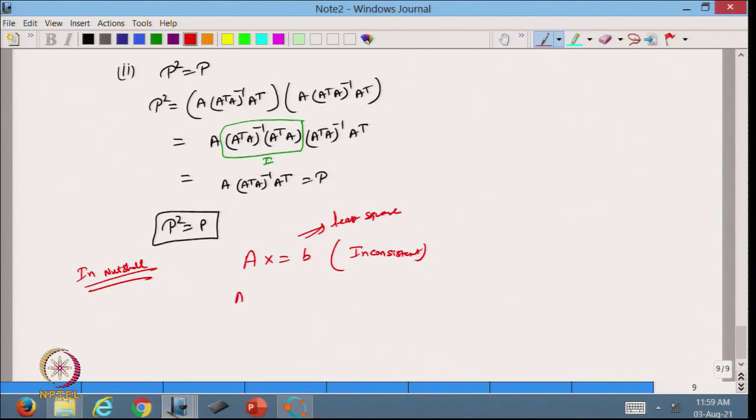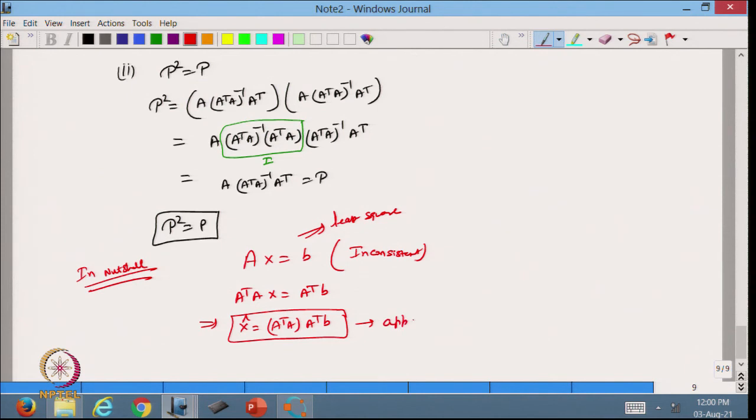Then we take A transpose A x is equal to A transpose b, and we found that A transpose A is invertible, and we found x equals A transpose A inverse A transpose b. So, this x we get this value. So, this x is x hat, and that will be the corresponding approximate solution.